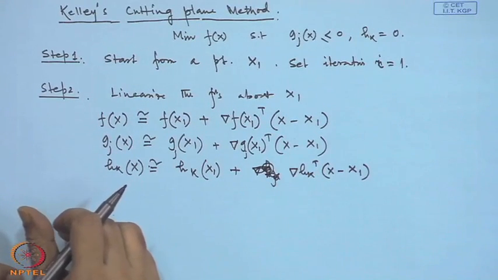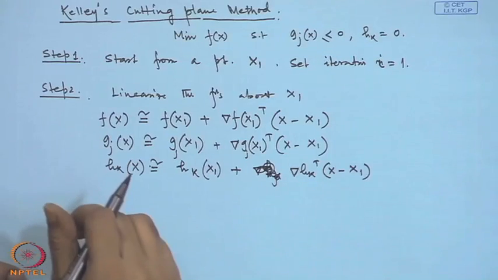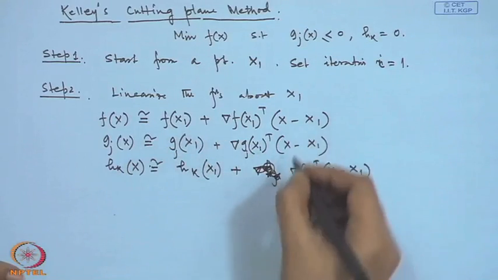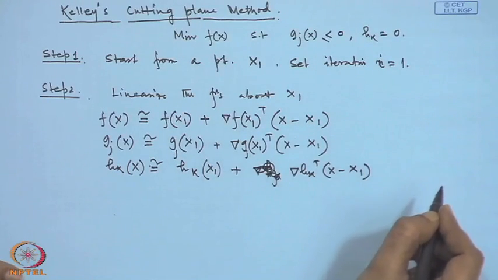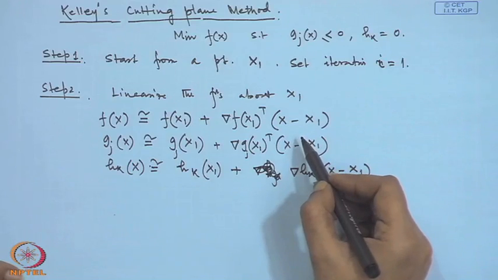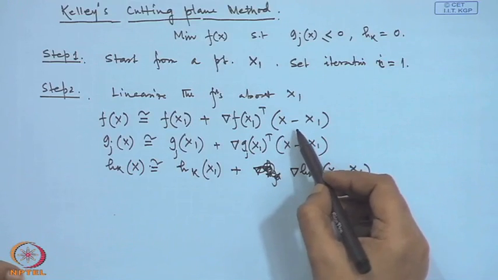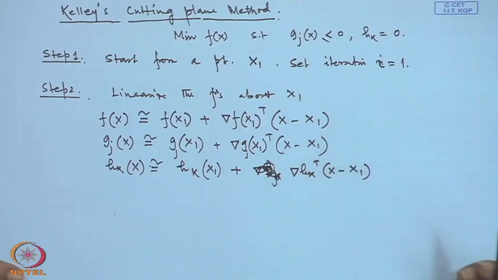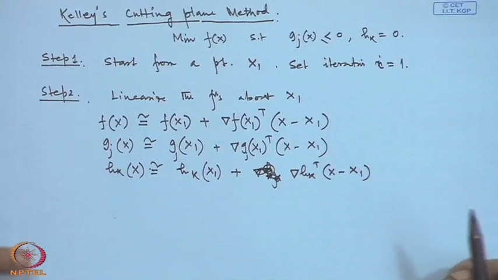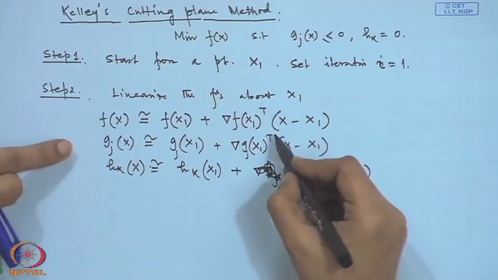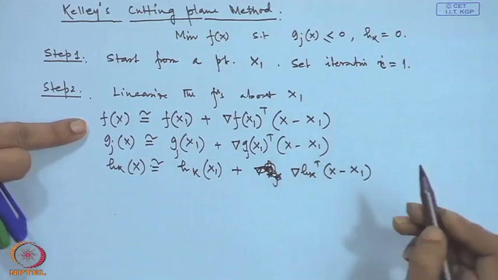Here we have ignored the higher order terms, because we wanted to linearize, we wanted to have linear functions. If we want to approximate with a quadratic function, then we will take the second term as well. That is the idea.